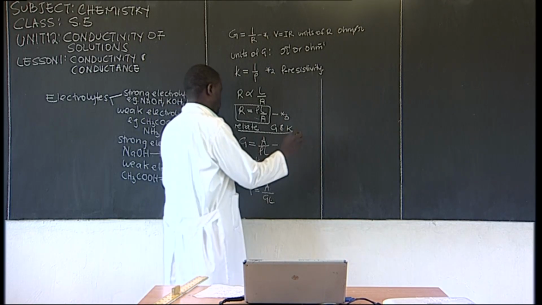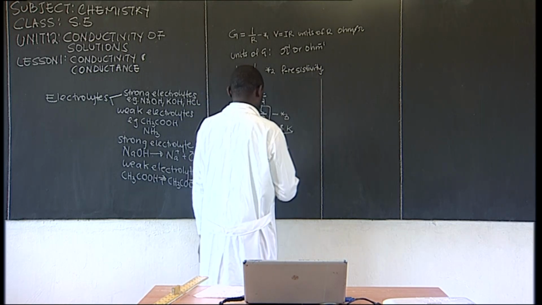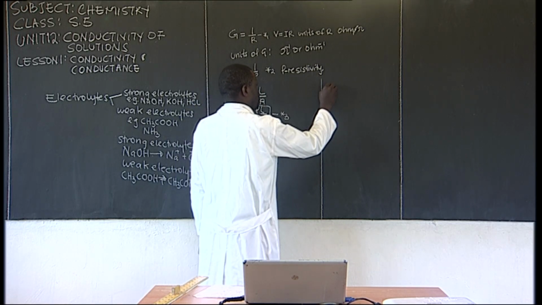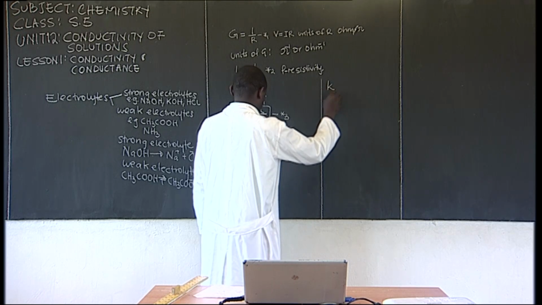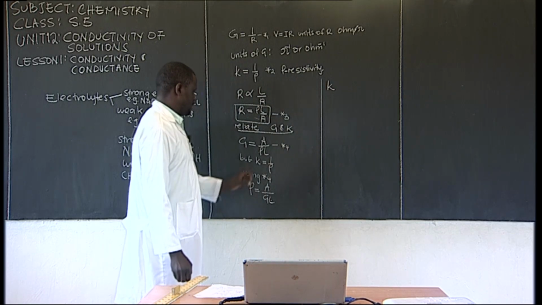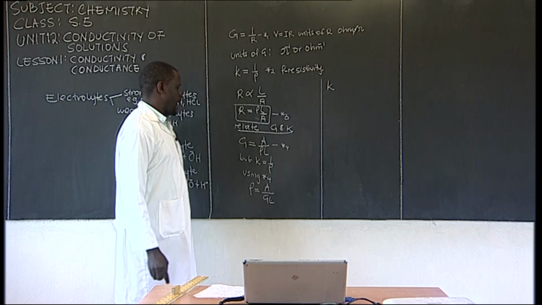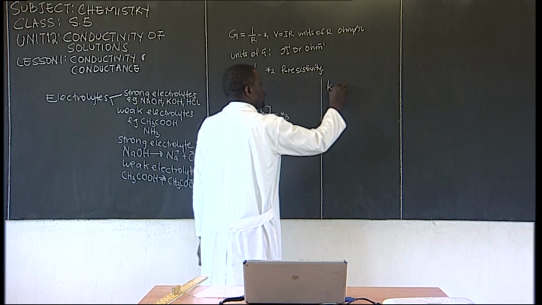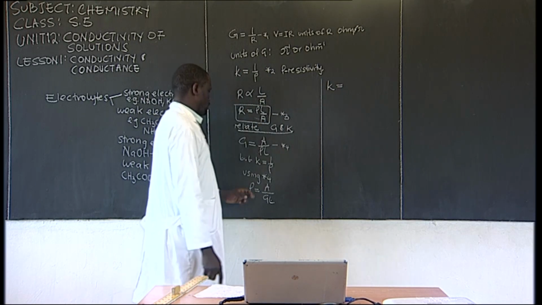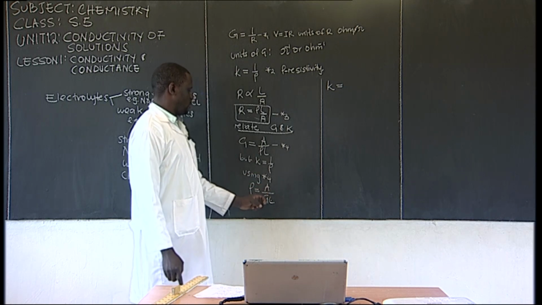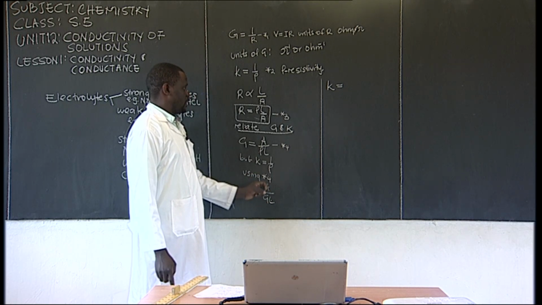But remember we said also, if we substitute this one in this one, our K will be equal to, because this time it is 1 over resistivity, we are going to invert this one.